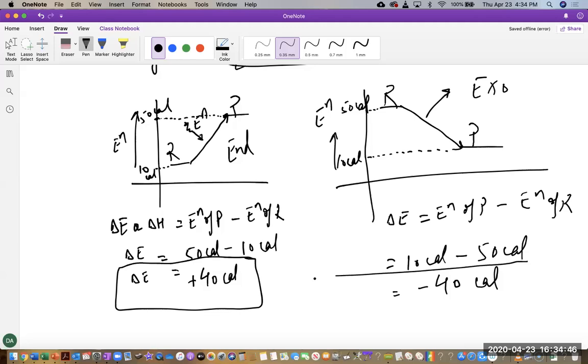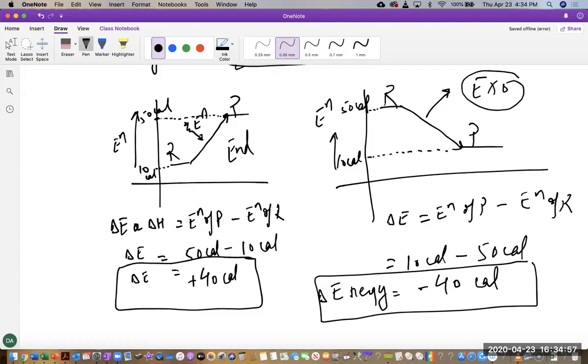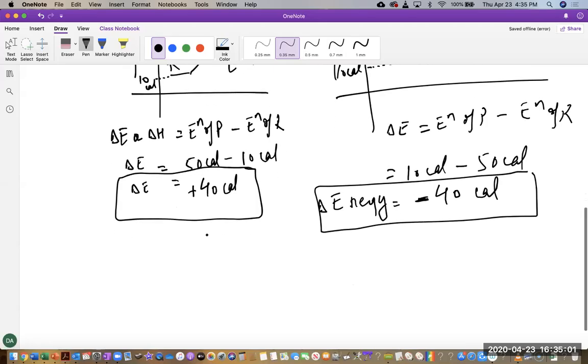So you see how delta energy for exothermic reactions is going to be a negative number. So this is an indication. If your delta E is positive or negative, what does that indicate? Positive indicates an endothermic reaction, and a negative number indicates an exothermic reaction. Okay, all right.